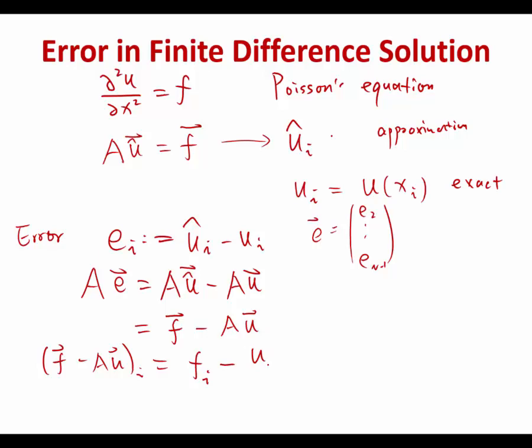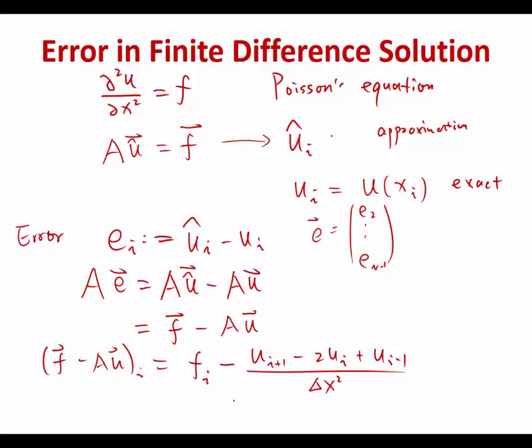A applied to the analytical solution is u_{i+1} minus 2u_i plus u_{i-1} divided by delta x squared. That's our finite difference approximation. So this is the finite difference approximation applied to the analytical solution, instead of the numerical solution, which we only know at the grid points. The analytical solution should exist as a continuous function.